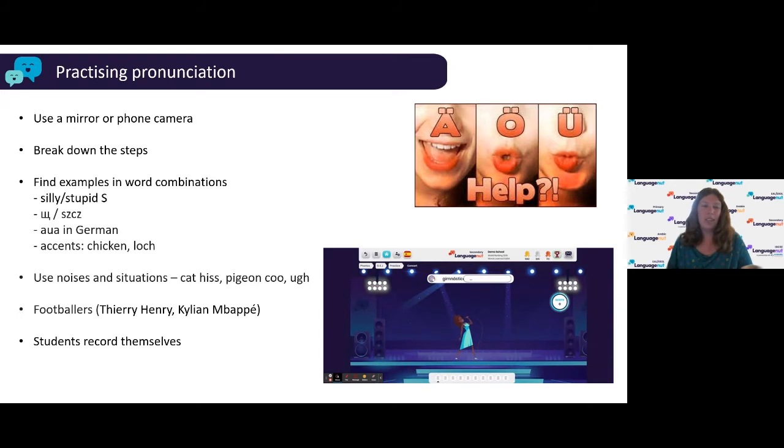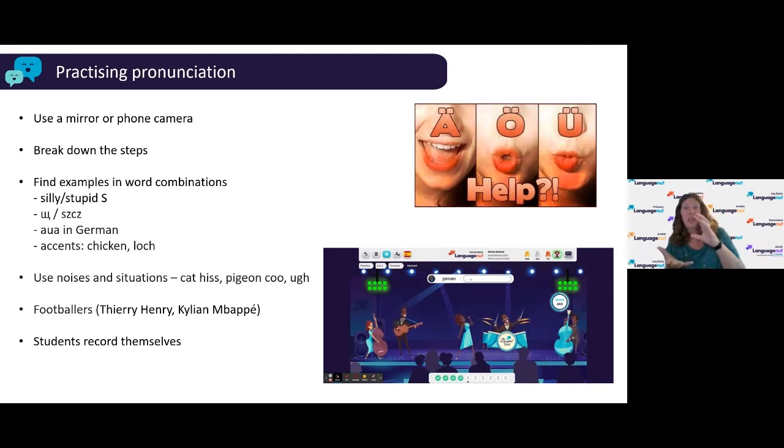Lots of students when I was teaching did know about Thierry Henry, and they might have called him Thierry Henry, but they knew it was an O, they knew it wasn't Henry. So they knew that the H wasn't pronounced, and they knew it was an O sound. So you can say O like an Henri, or Mbappe if you want an S sound, for example.